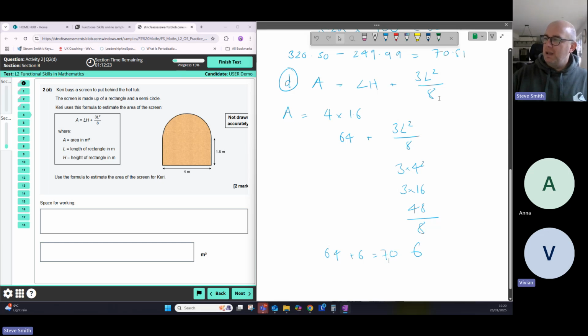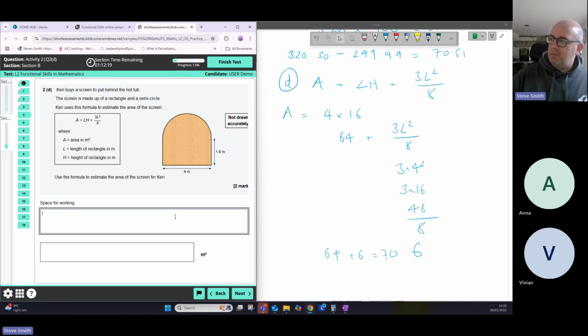So 48 divided by 8, 6. For 2 marks, I'm going to put 4 times 1.6 equals 6.4. Add, and underneath I'm going to go 48 divided by 8 equals 6, and I'll go back up to here and say where am I at?